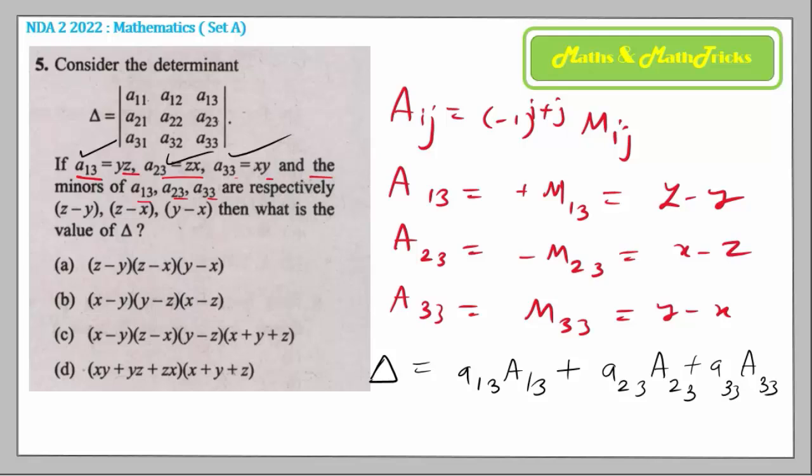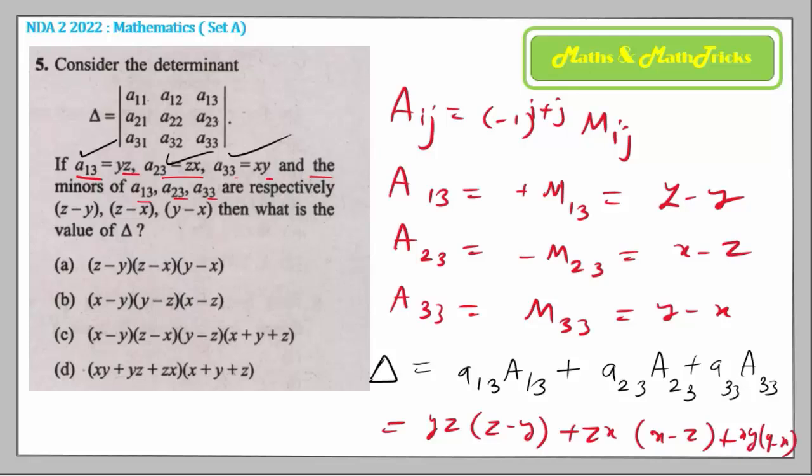When we expand this determinant, you will get the answer easily. Small A13 is YZ, multiplied by Z minus Y, and then A23 is ZX, multiplied by X minus Z, and then A33 is XY, multiplied by Y minus X.